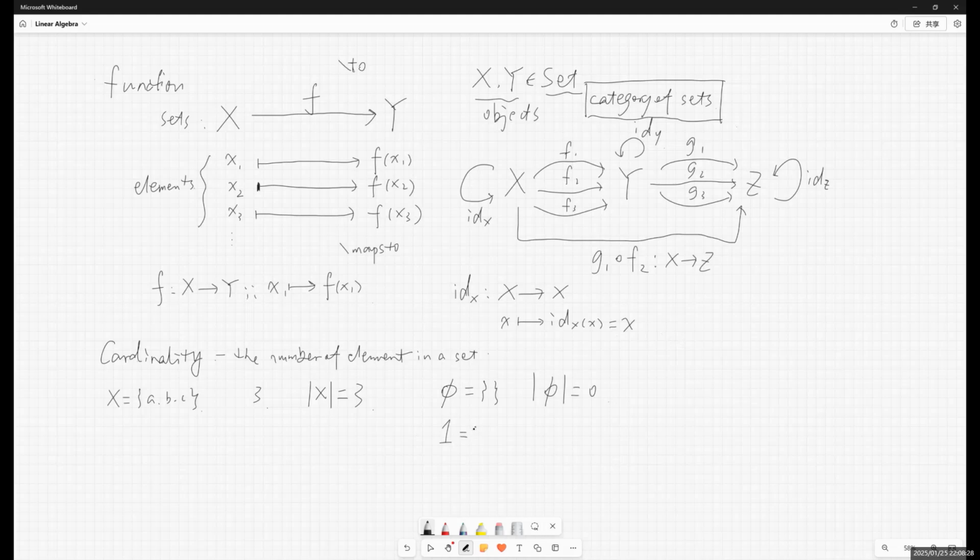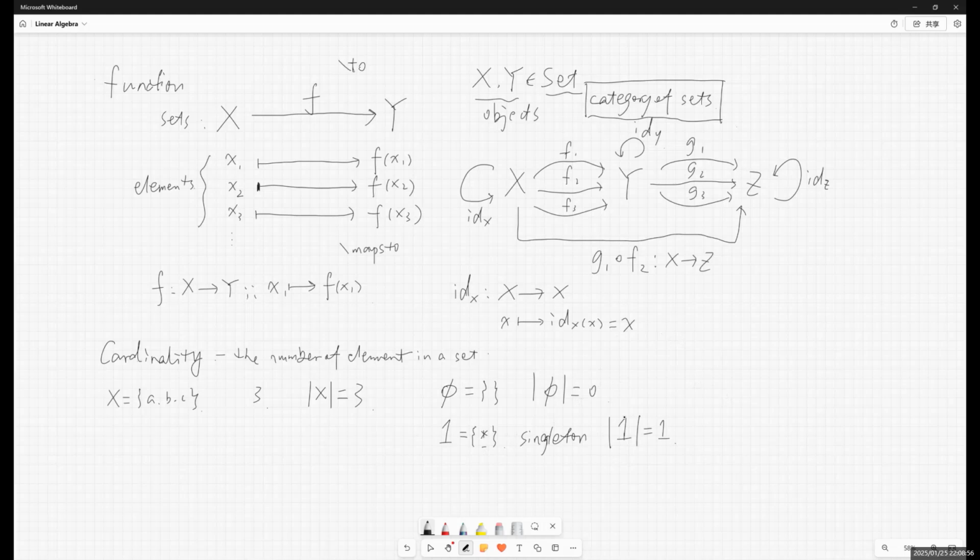And of special importance is the singleton. A singleton is any set that contains a unique element. It can be anything. And the cardinality of a singleton is always 1.